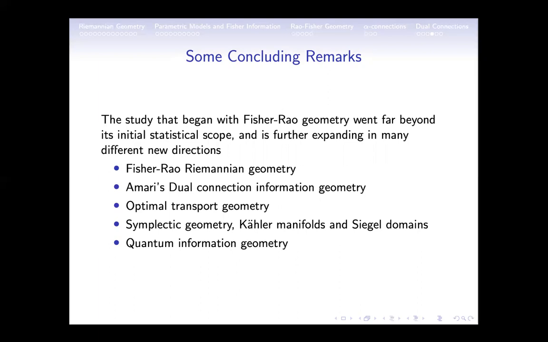Studying asymptotic statistical inference on the basis of the tangent space is one way to look at it, and C.R. Rao, Amari, and other people worked along this direction. This is called the Fisher-Rao Riemannian geometry. A completely different direction is Amari's dual connection information geometry, which goes on defining abstract Riemannian and geometric notions on statistical manifolds.